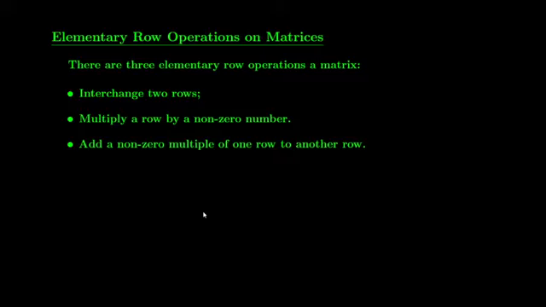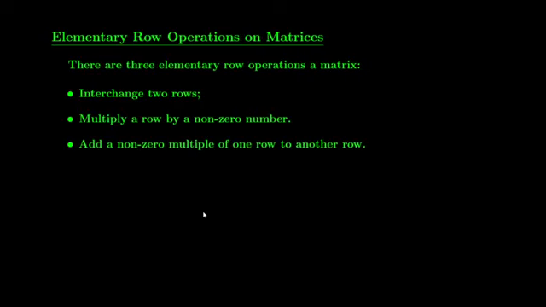After we get the simplest form, there is a precise meaning of what we mean by the simplest form. After we get the simplest form, we can get the solution to the system. I know it's too abstract to say that right now, but I will show you the idea.